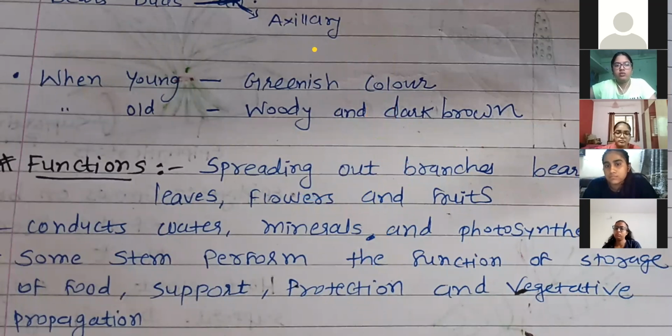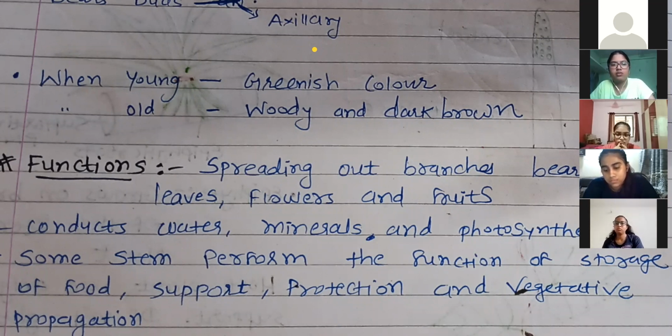Some stems perform like a root. Like a root, the first modification is storage of food. In the same way, some plants store food, and by storing food it becomes fleshy. One example is this potato. Another is ginger.